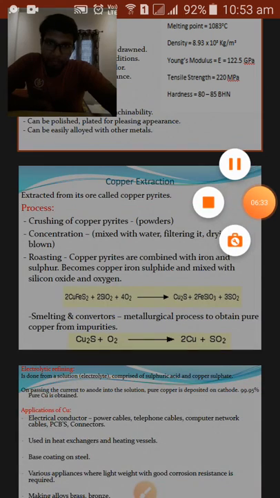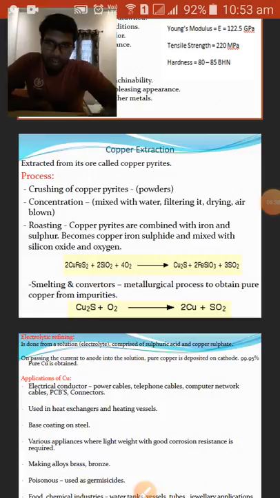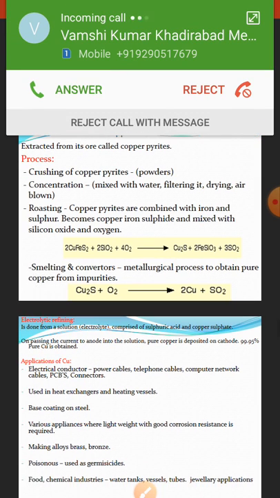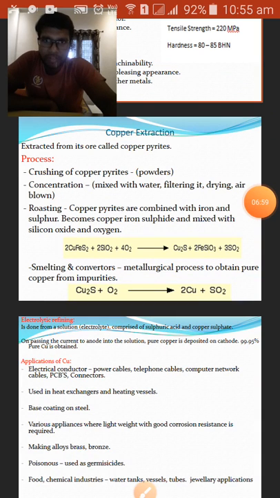Then comes concentration: the crushed copper pyrites are mixed with water, filtered, and dried or air blown.